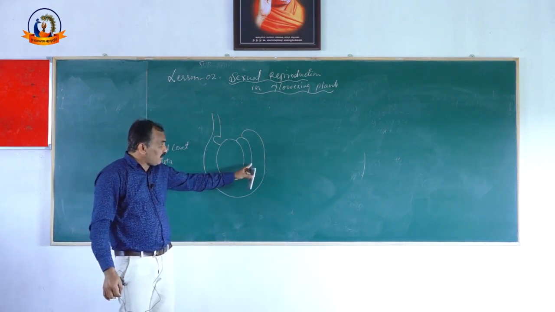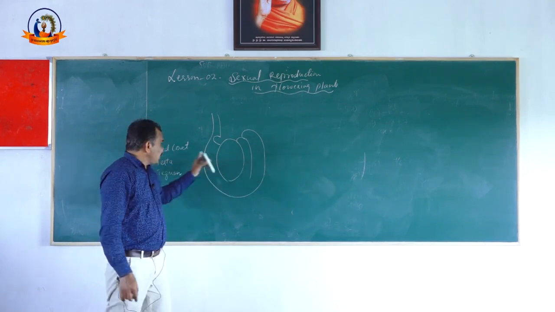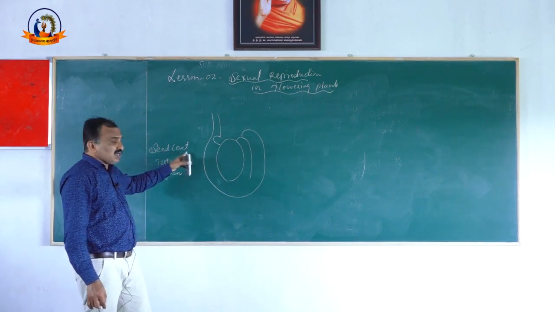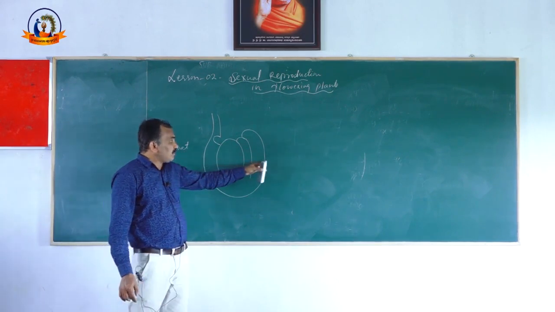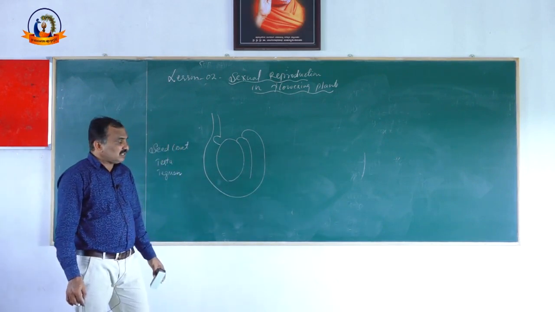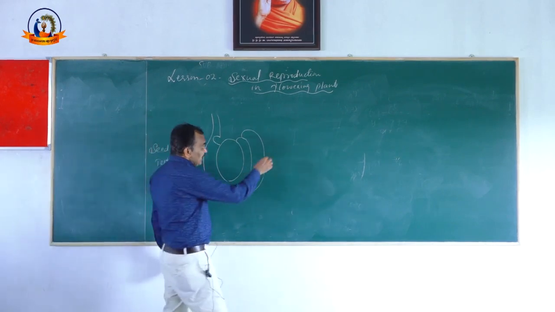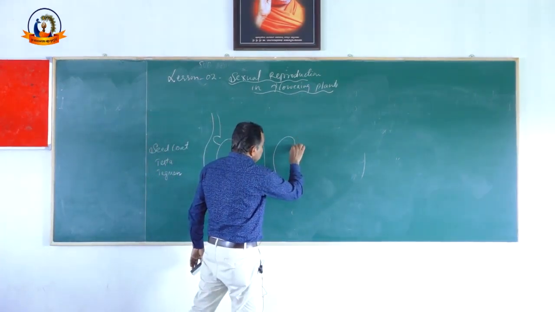This tegmen is developed from the inner integument. Testa and tegmen are collectively called seed coats, which are developed from the outer integument and inner integument. After fertilization, the micropyle remains as a small opening.